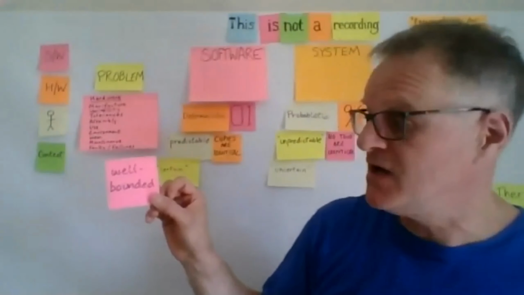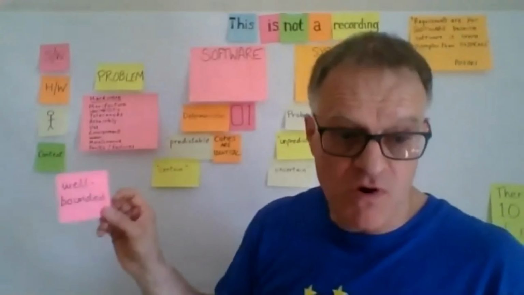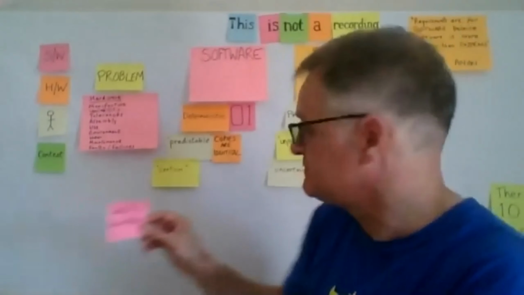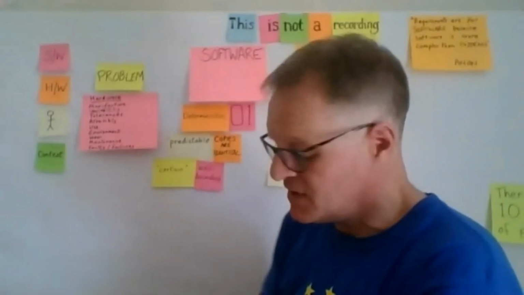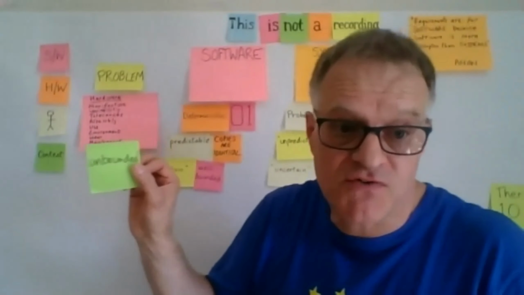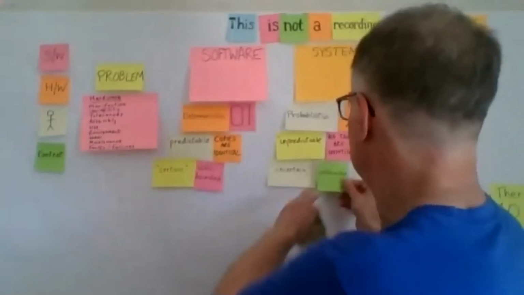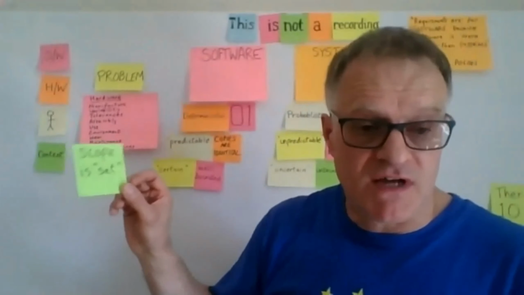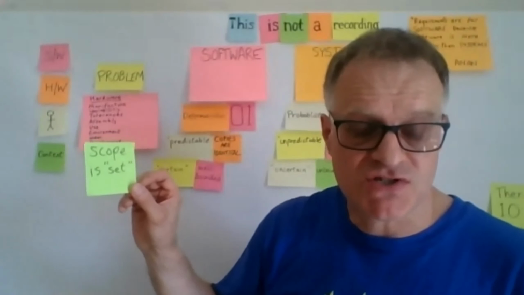Software is generally well-bounded. We know what we're doing in software. The edge of software is clear. And guess what? Systems are less well-bounded, or even go as far as saying unbounded. I would argue that in general, with software, the scope is set.